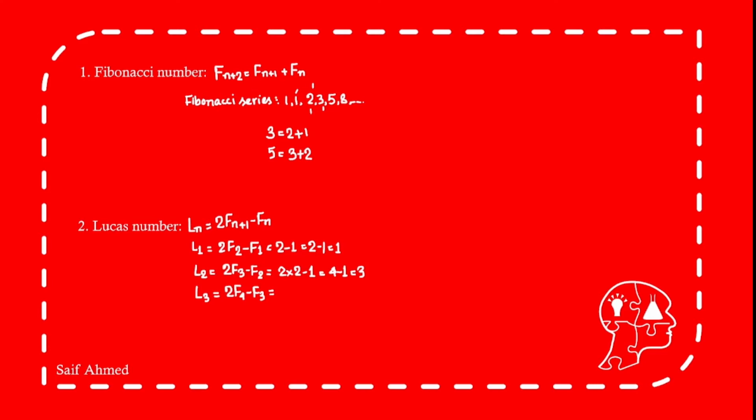The fourth term of the Fibonacci number is 3, so I multiply it by 2 minus the third term, which is 2. So it is 6 minus 2, which is equal to 4. According to our findings, I can write the series like 1, 3, 4, and so on. So here goes the Lucas number, simply explained.